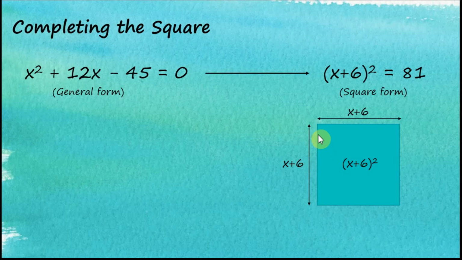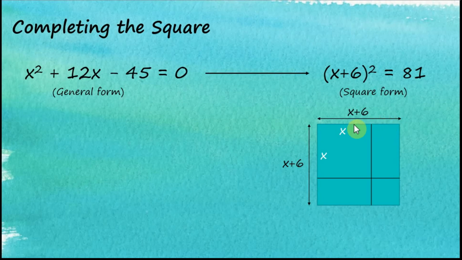Try to remember this. The area of this big square is (x plus 6) squared, and let's divide this big square into 4 sections. We have another square here, and let's say the dimensions of this square is x times x. If the dimension of this square is x, then what is the length from this point to this point?